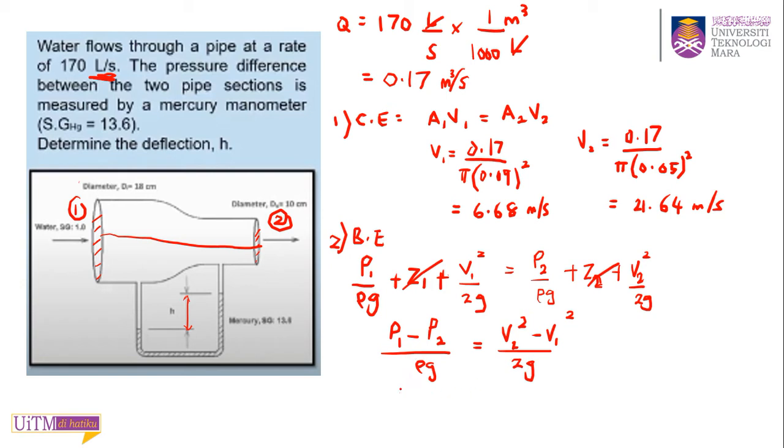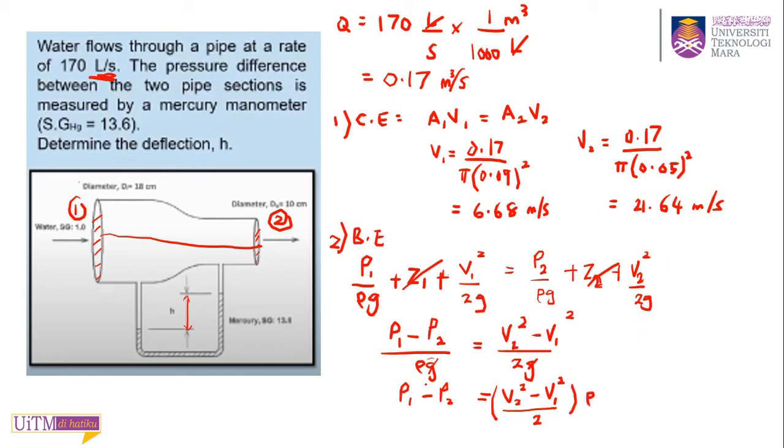And you can simplify it further, cancel out the G, so P1 minus P2 equals V2 squared minus V1 squared over 2 times rho.